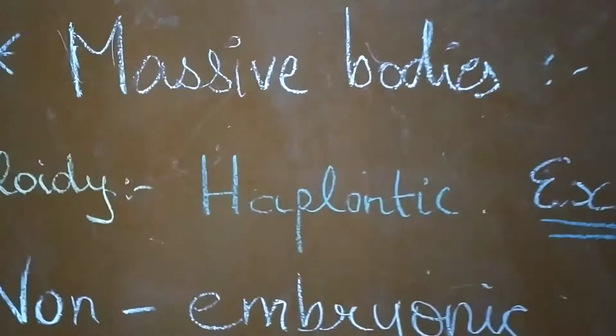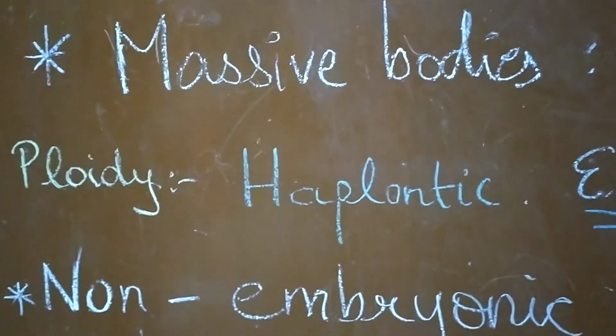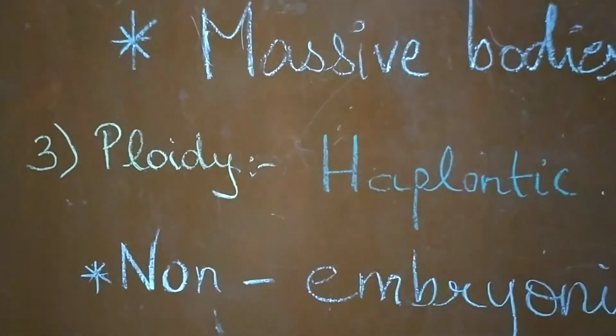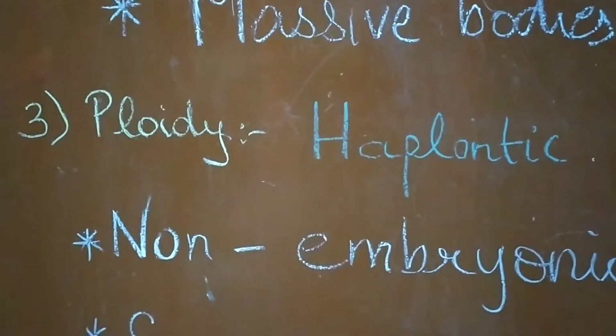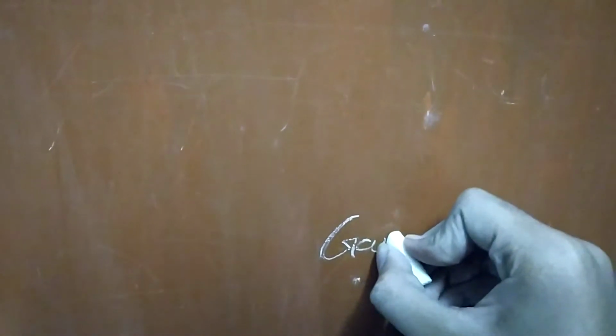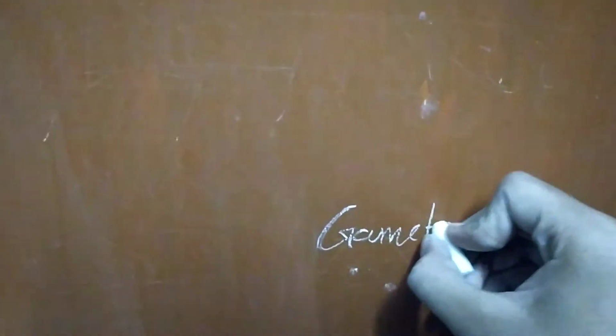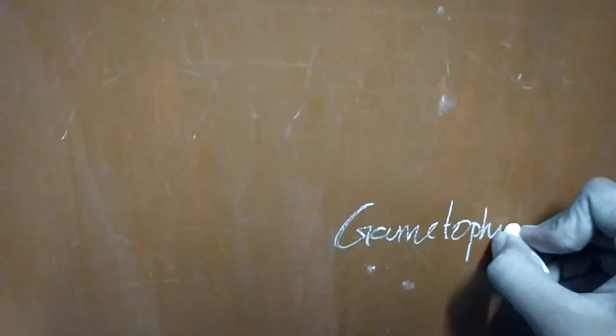So let's see the life cycle of algae and justify that it's haplontic. So here's our gametophyte, which is haploid.